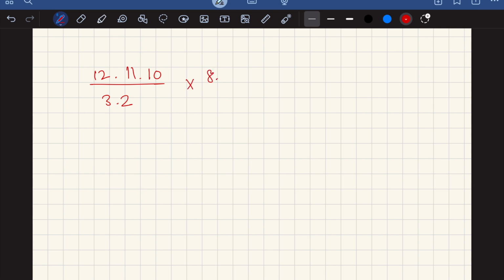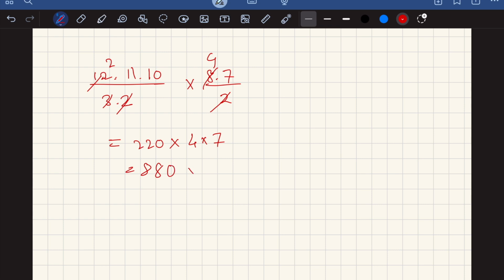Okay, Neha says 6160, let's see. So this is 220 into 4 into 7. Yeah, 6160. Okay, so that is the answer.